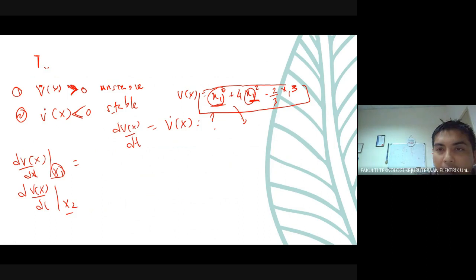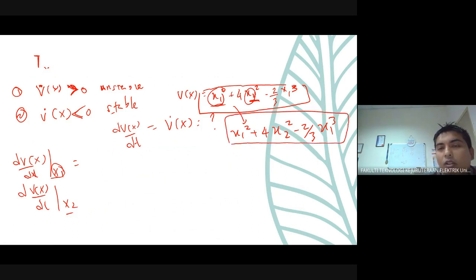I rewrite again the equation: x1 square plus 4 x2 square minus 2 over 3 x1 power of 3. So if you do the derivative based on x1, what do you get? Just tell me, I will write the answer. What do you get for the first part?